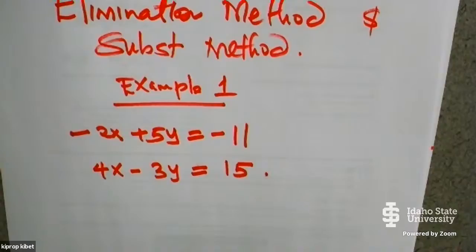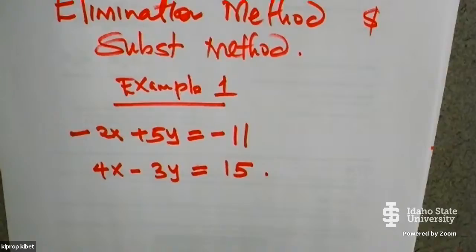We can multiply the first equation by 2. So when we multiply by 2, this is 4, this is 10, this one is 22, and this 4 and this 3 remain like that. We don't multiply the second equation by 2, so we just leave it like this.